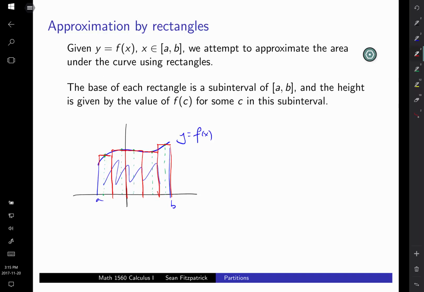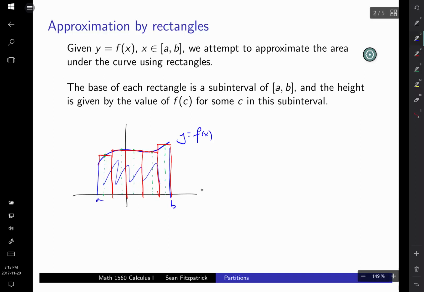Of course, the curve that I drew in this case doesn't change much. There's not a lot of variation in the y values between a and b. It's not constant, but we don't see any rapid changes in y value. A function that is more rapidly changing might not work so well, right?